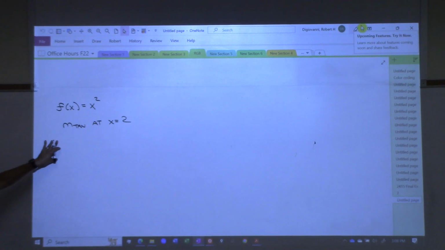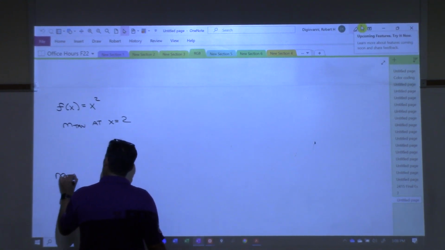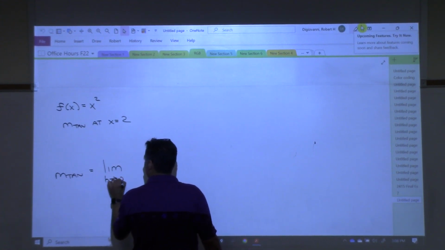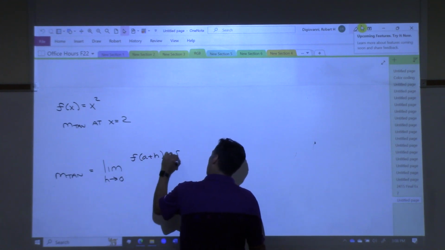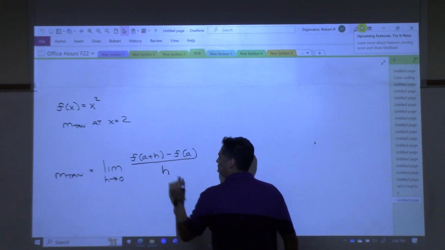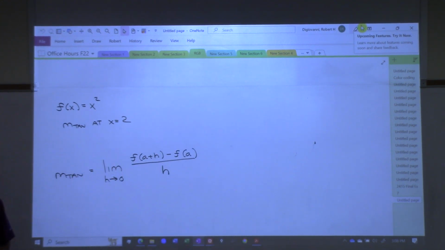All right, so the definition: the slope of the tangent line using the second definition is the limit as this time h goes to 0, f of a plus h minus f of a, all of this over h. That is the definition that I've just established.